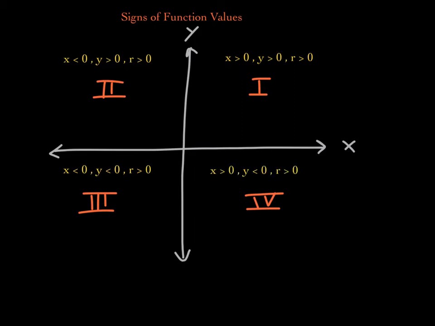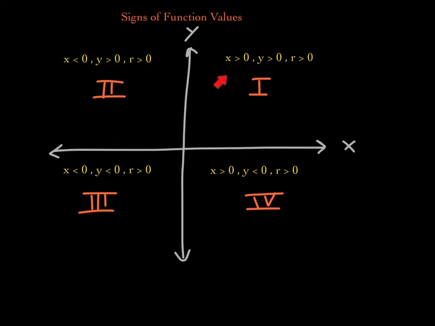Let's look at quadrant number 1. Remember that all of your 6 trig functions, all of them, are defined to be ratios of these distances. So sine of theta, for example, is defined to be y over r. Cosine of theta is defined to be x over r. Tangent of theta is defined to be y over x. Remember that definition?